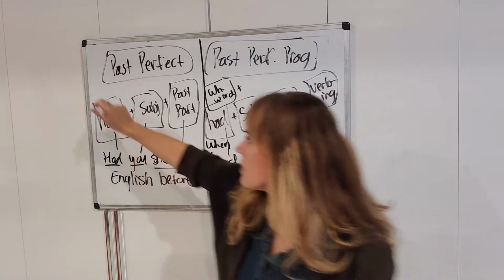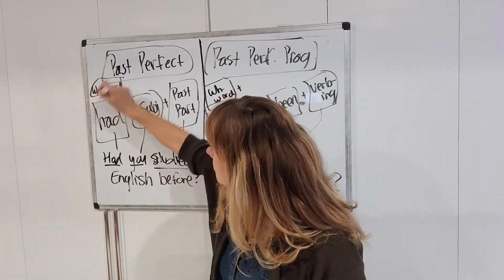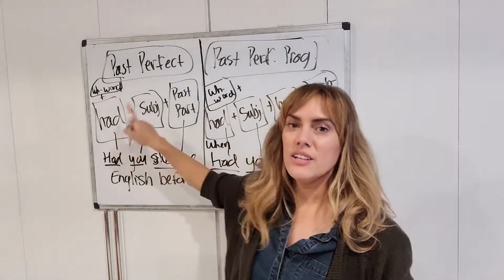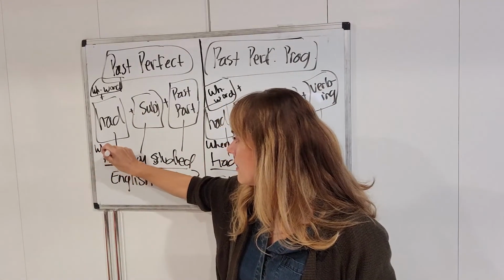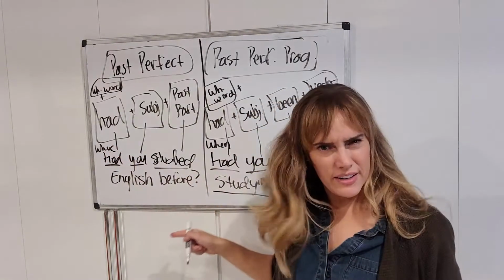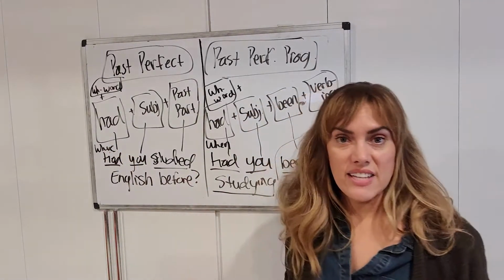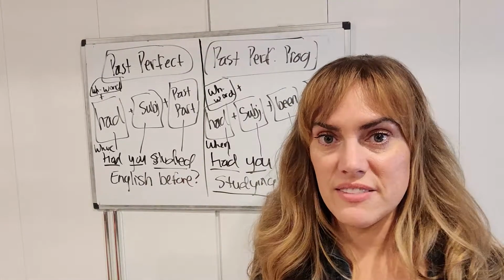Or over here too, WH word plus had, subject, past participle. You can say where had you studied English before? And that's how you make a WH question in the past perfect or past perfect progressive.